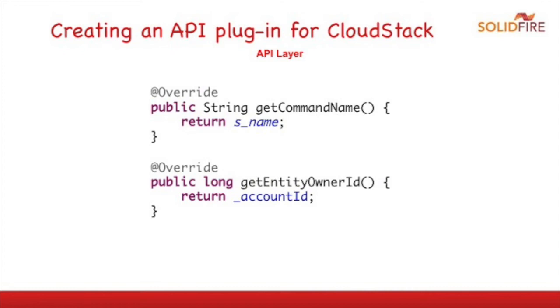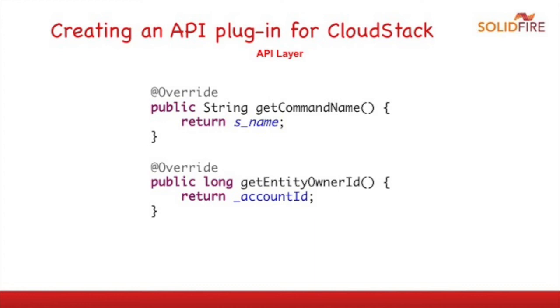All right, so we saw just a second ago, and I kind of glossed over it, we don't need to spend much time on this, but that s_name, the only time it's really used, and I'll go back here, is in the implementation of the get command name. So when you make your command class, it extends, let's say, base command.